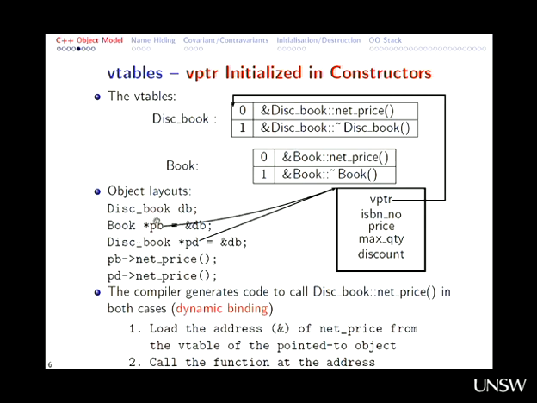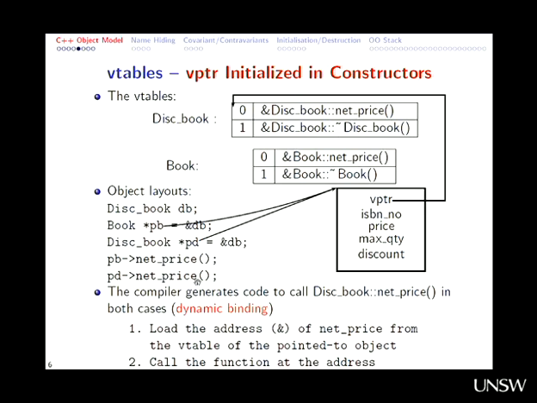So both the pointers, pb and pd, are pointing to the same object in memory. There is only one V-pointer because there's only one object in memory. So when I call pb pointing to net price and pd pointing to net price, they look up the same V-table, therefore they get the same output, which is the net price function belonging to discounted book.